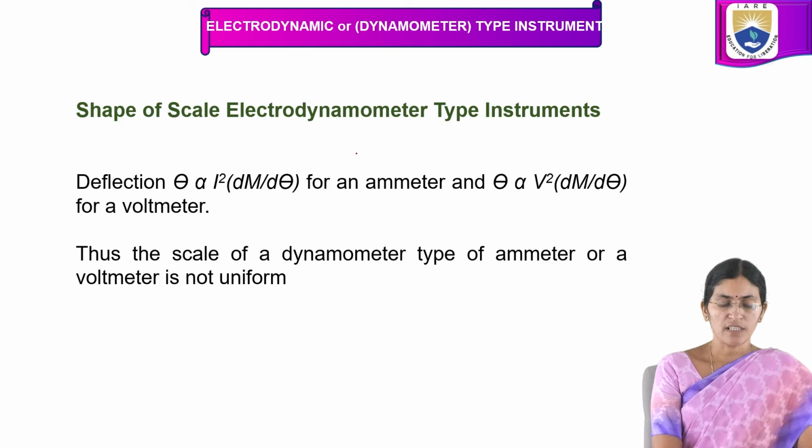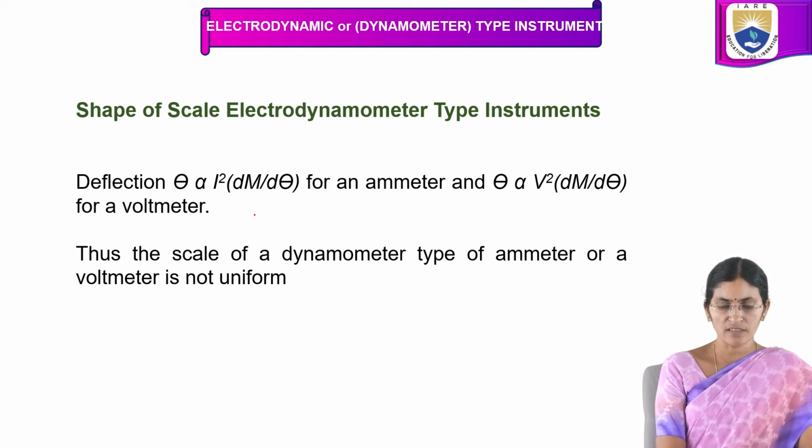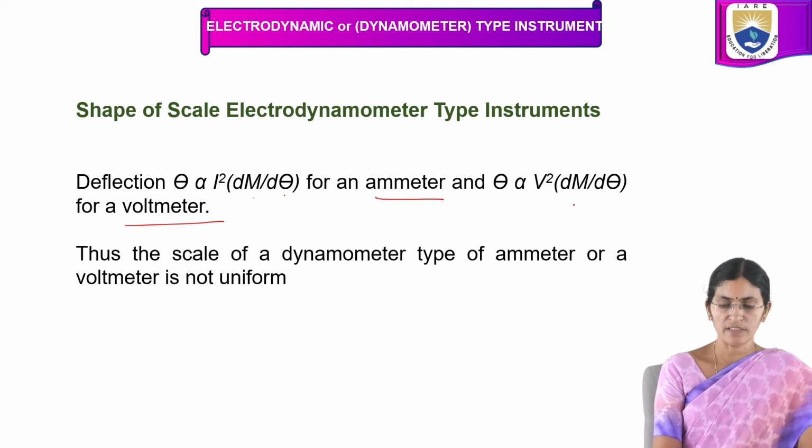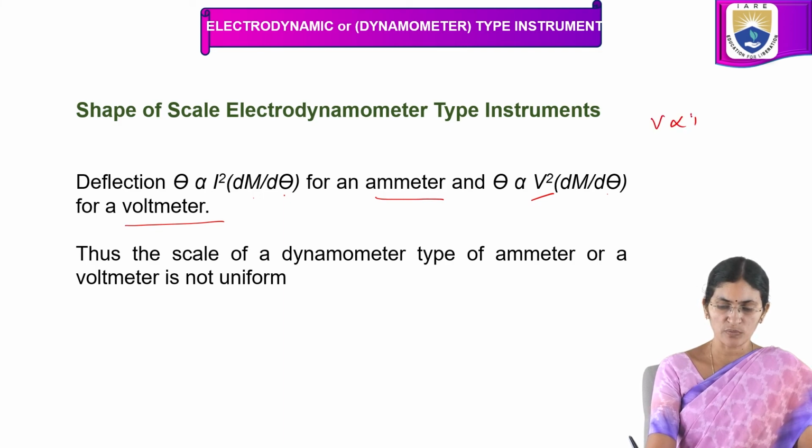Next, coming to the scale of electrodynamometer type instruments. We have seen that when the instrument is used as an ammeter, theta is proportional to I square dM by d theta, and when it is used as a voltmeter, theta is proportional to V square dM by d theta. This V is in turn proportional to the current.